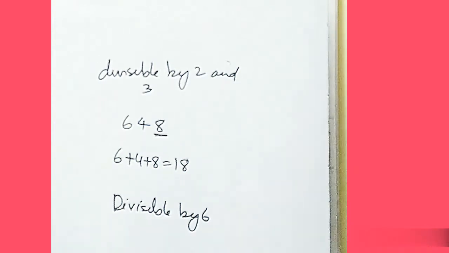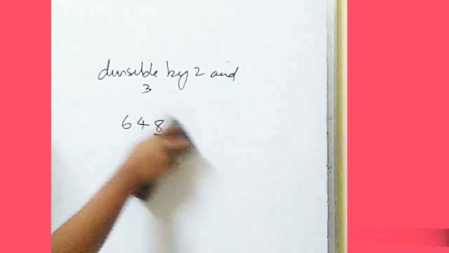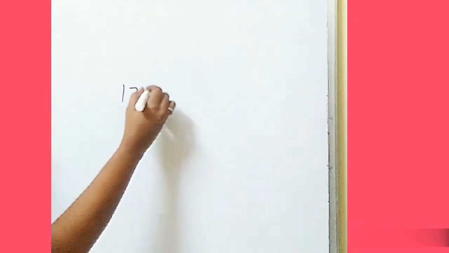Now what is the 8 table? It says that when the last 3 digits are divisible by 8, then we conclude that the number is divisible by 8. For example, I'm taking a big number, 17816. Now, the last 3 digits: we'll see 816.